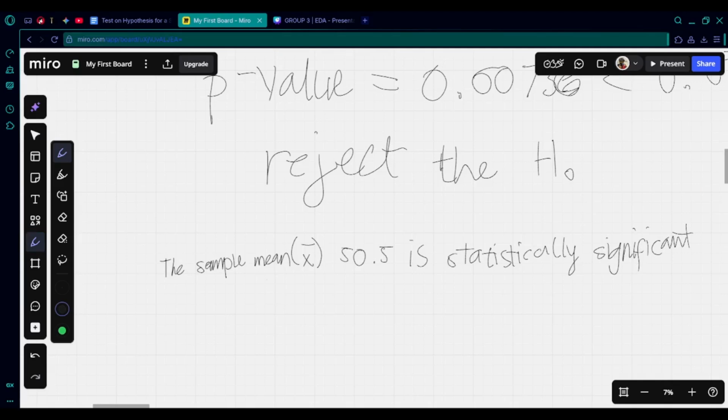Now, we conclude that the true average score of the students is significantly different from 45.